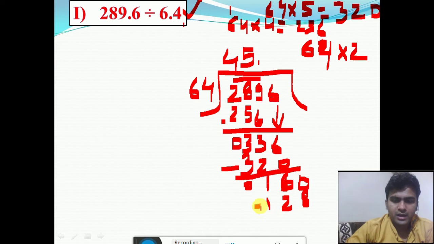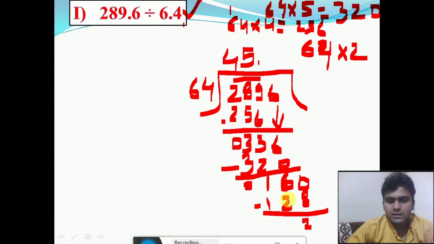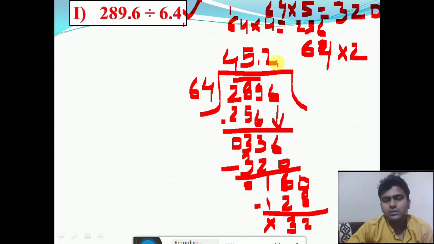Then subtract: 10 minus 8 is 2, 6 becomes 5, 5 minus 2 is 3, now 1 minus 1 is 0. So you are left with 32, and here you have to write 2. Now here is the decimal point, so you can put the decimal point here.